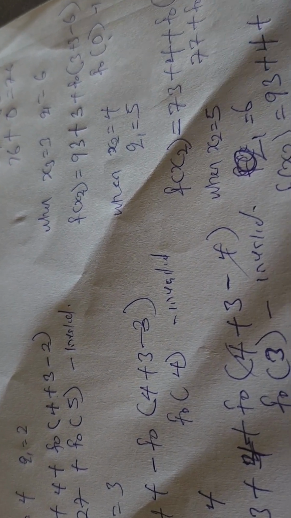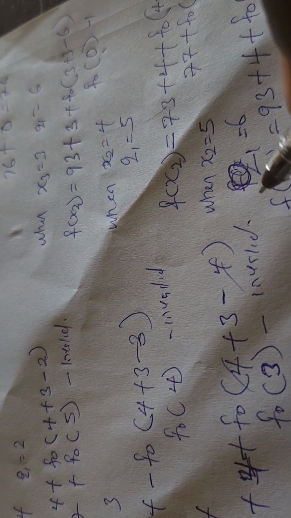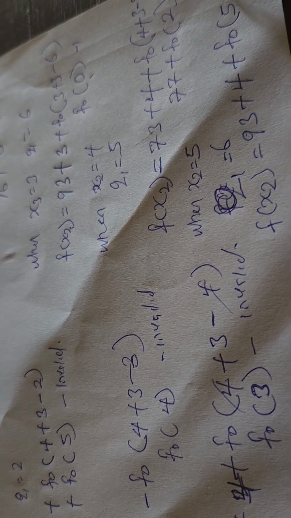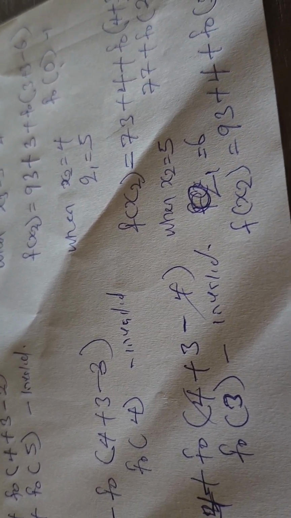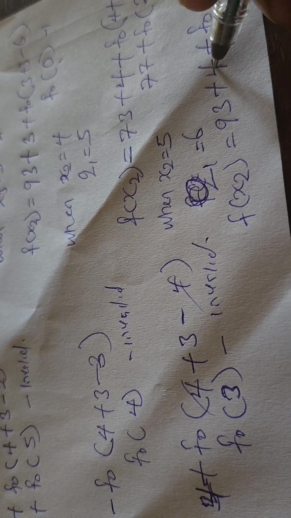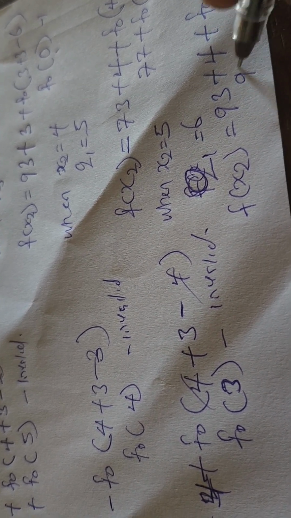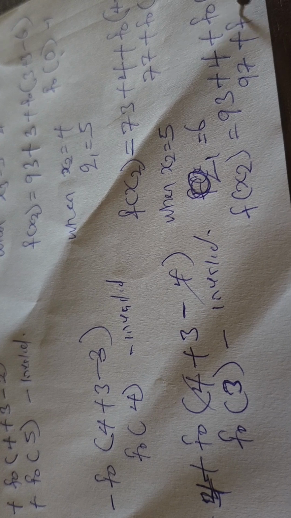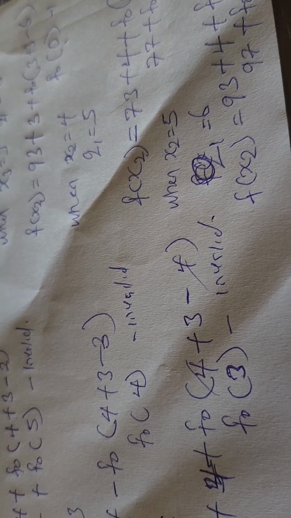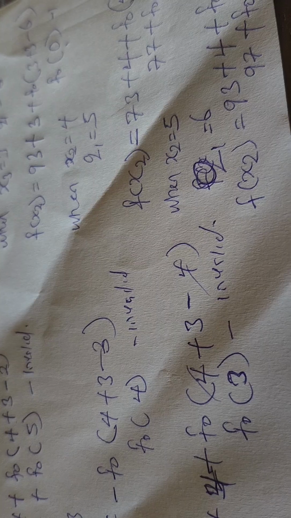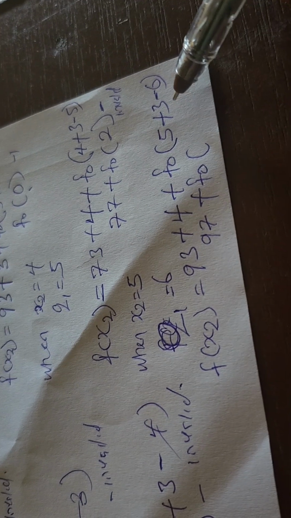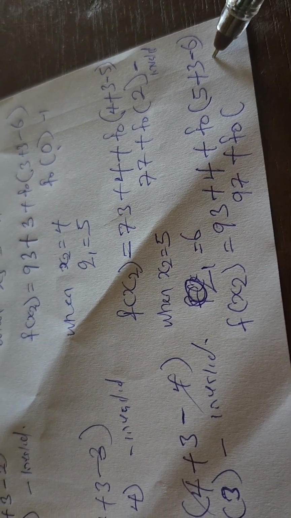Our 4 plus our x2 is 5. Our demand is 3. Our Q1 here is 6 minus 6. 93 plus 4, that is 97, right? Plus 8 minus 6. 8 minus 6, that's 2.